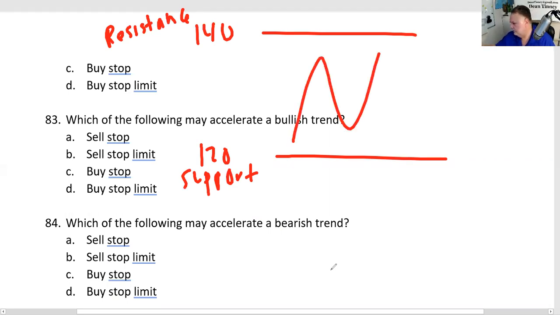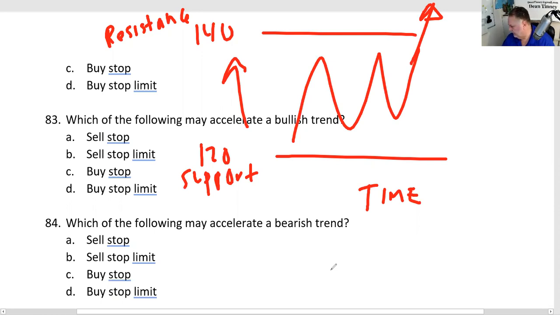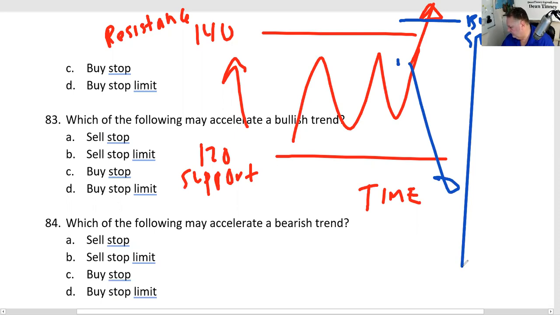And then it's time going this way. Price going that way. And then what he's going to do, he's going to say, okay, well, I'll put my buy stop right there. And if it goes down, I'll put my sell stop.